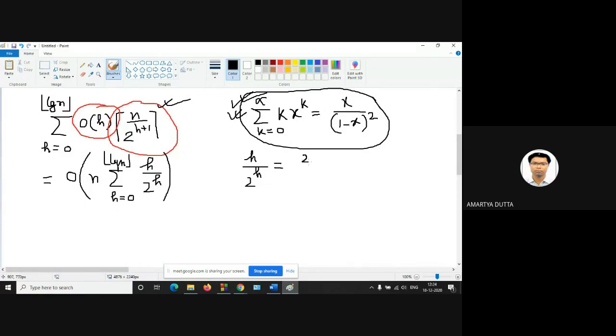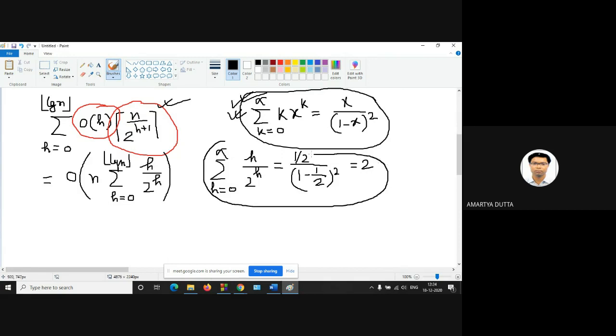So this is half divided by 1 minus half, whole square, where the summation h runs from 0 to infinity. Put x equal to half. Is it clear?